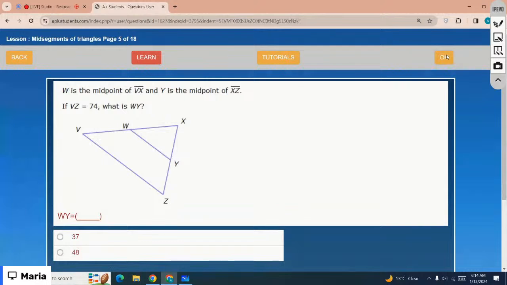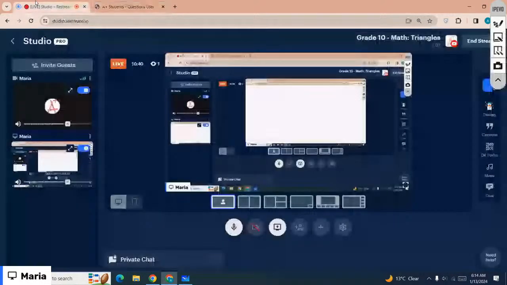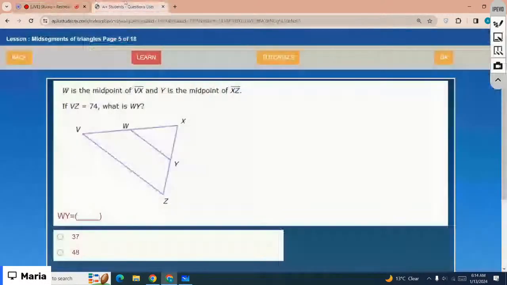W is the midpoint of VX and Y is the midpoint of XZ. If VZ equals 74, what is WY? Which is the correct option? WY is the mid segment of triangle XVZ. So that means WY is half of VZ.